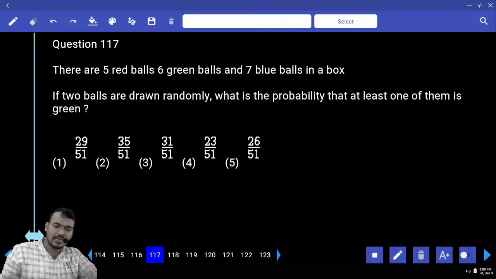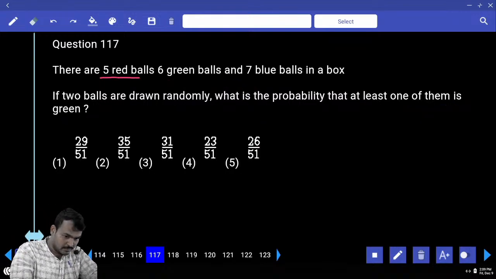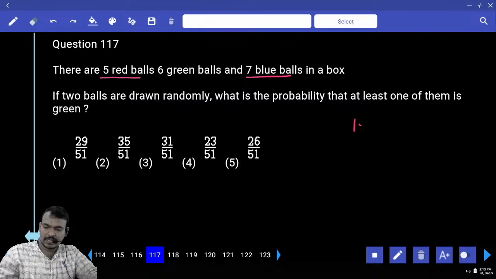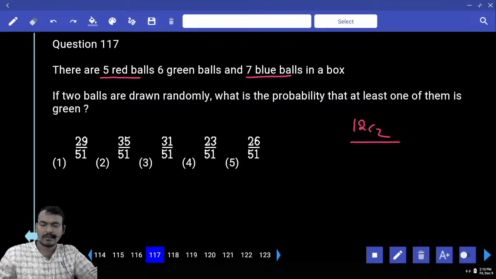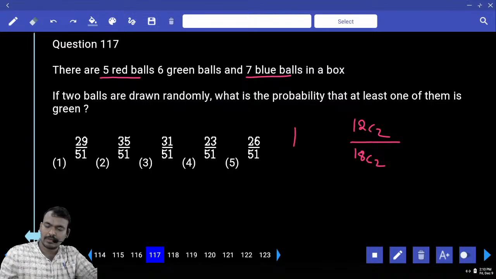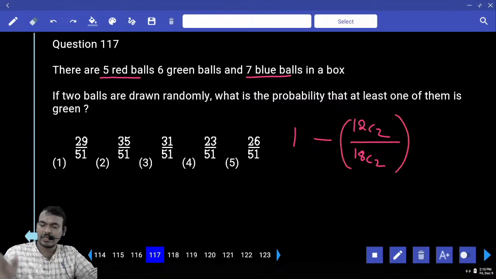First, other than green, how many balls? 5 red and 7 blue. 5 plus 7 is 12. 12C2 by 18C2. But we require at least green.